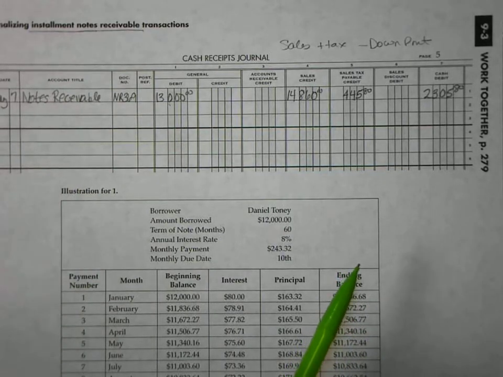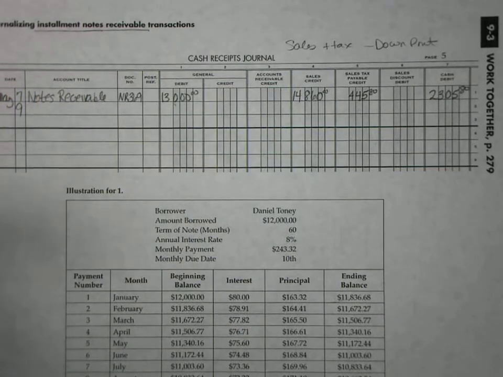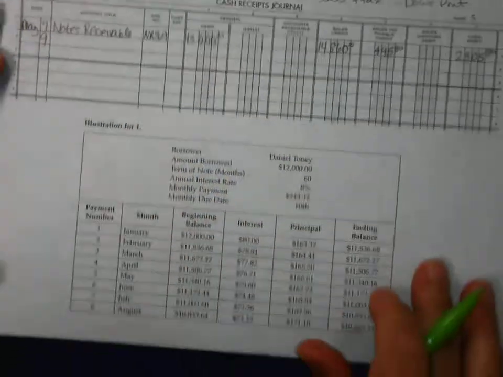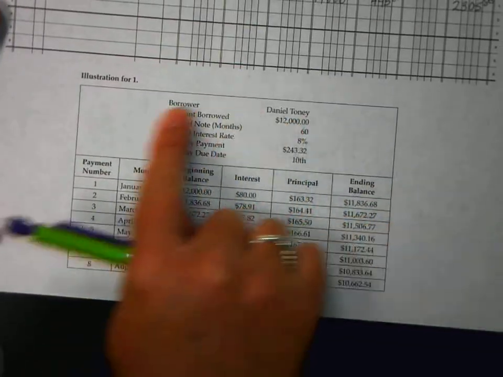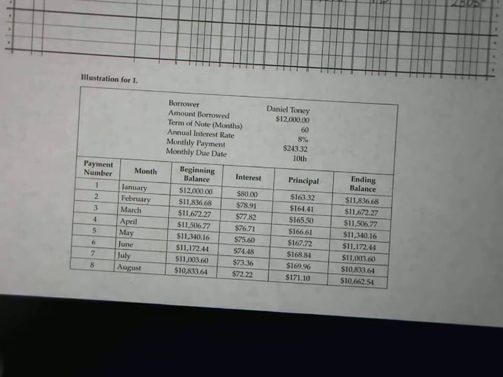Then it says on May 9th, we received cash, we're still in the cash receipts, for Daniel Tony's May payment. Okay, so here's Daniel Tony's payment table.